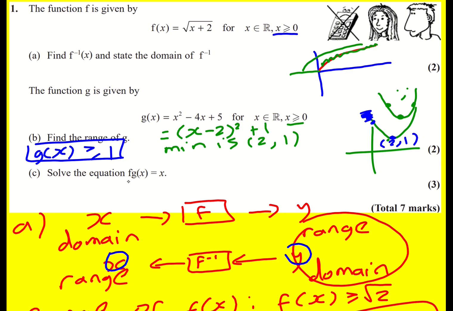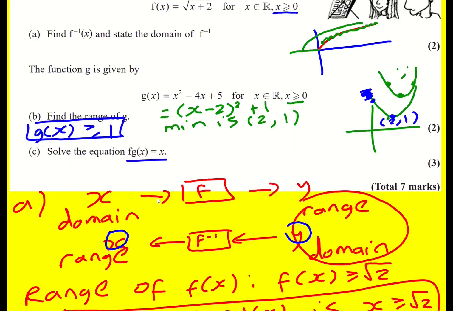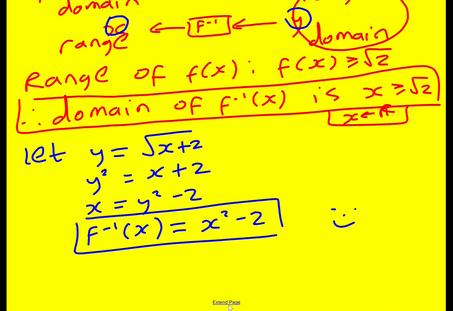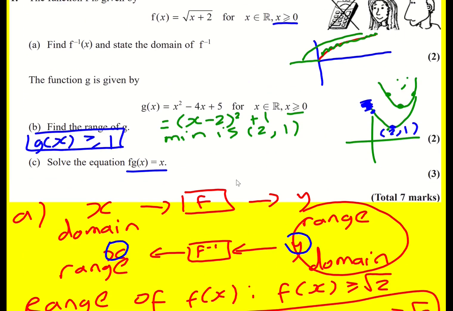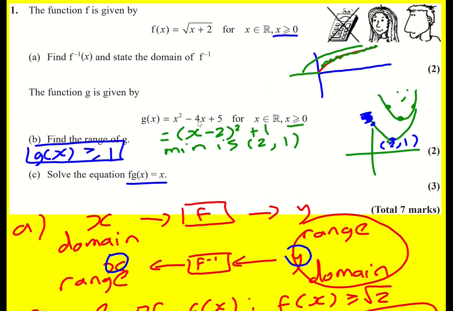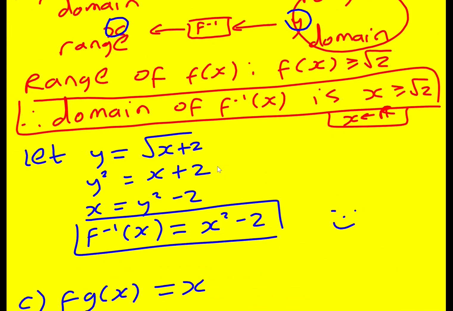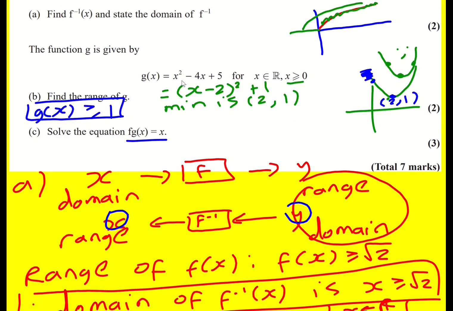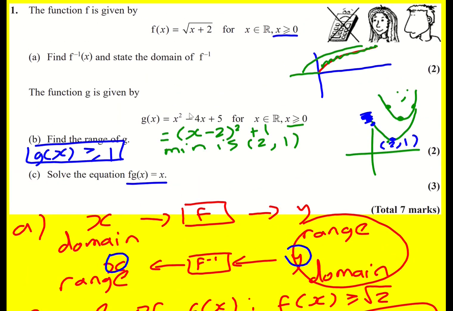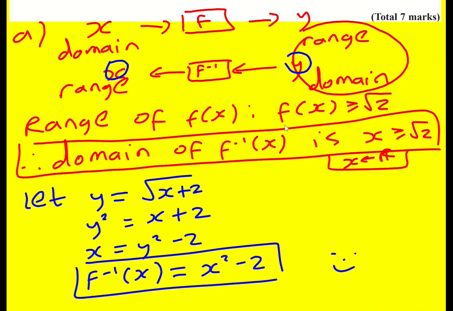Finally, we're asked to solve the equation f of g of x is equal to x. Now, there are two ways you can do this. You could find that composite function by substituting in, taking your g of x and replacing the x here by that. That's absolutely valid.